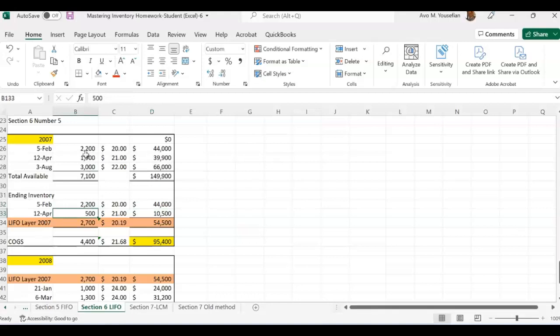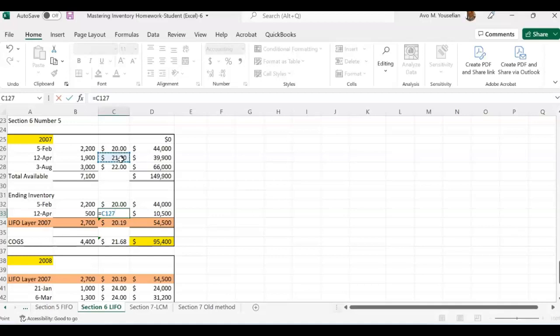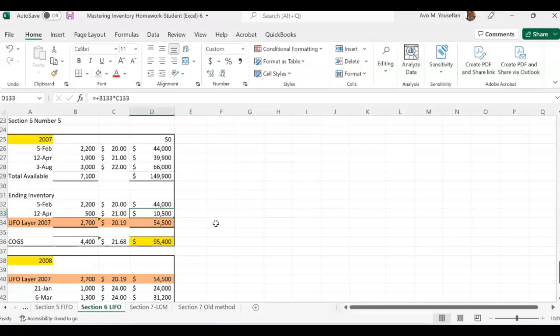So pick it up from that layer. And multiply that with the cost of that layer, which is $21, and that's $10,500. If you add them up, yes, the LIFO layer of 2017 will be 2,700 at the end, and $54,500 total cost. But because it's a LIFO layer, we need to calculate the average cost, which is $20.19. So we're going to take that as a LIFO layer.